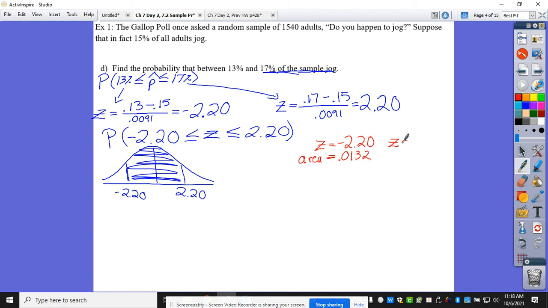When I look up z equals 2.20, what is my area? 0.9861.